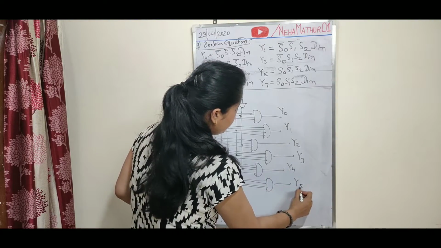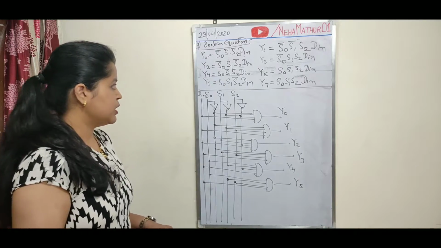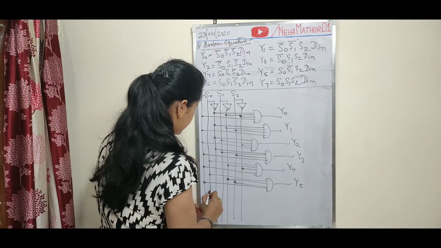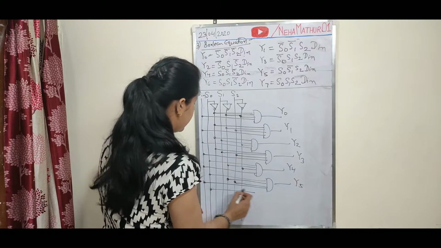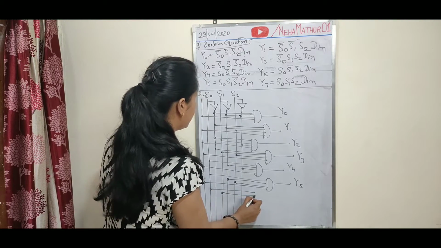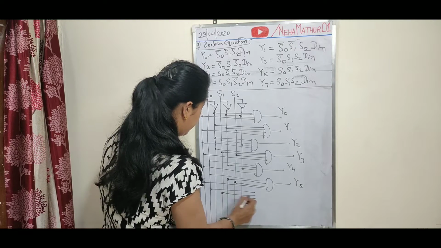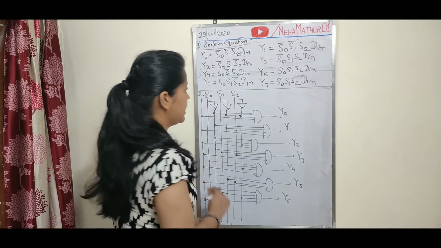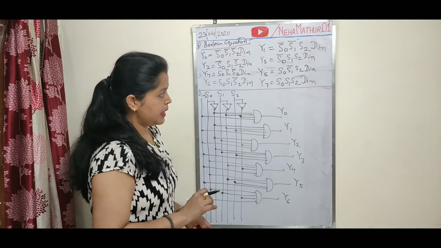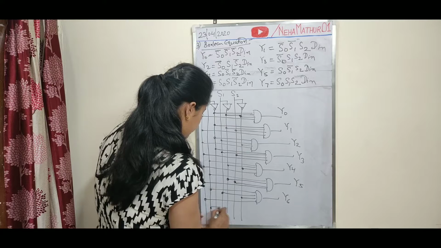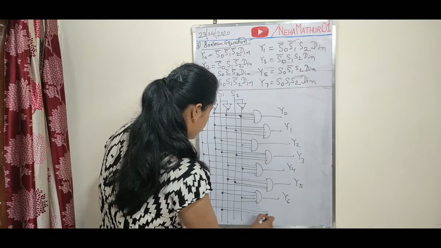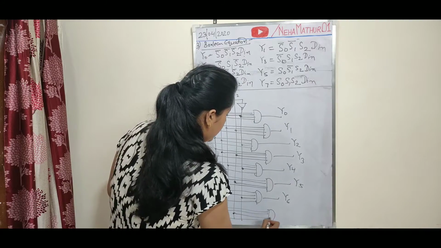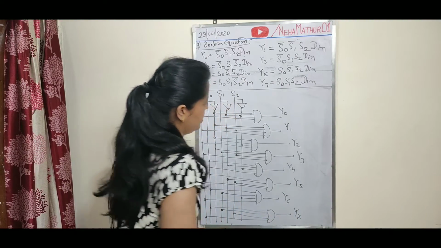So the output will be y5. Now the last two equations, y6 is equal to S0, S1, S2 bar multiplied by Din. So it will be y6, and the last one S0, S1 and S2 with Din, and it will give you y7.